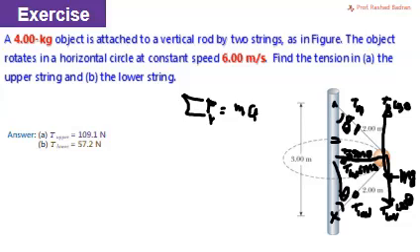And in here, as you see, we have two forces, T up sine theta plus T low sine theta, both of them with the negative sign.